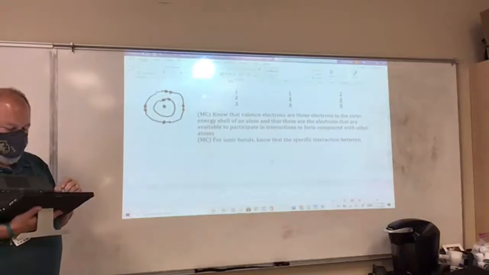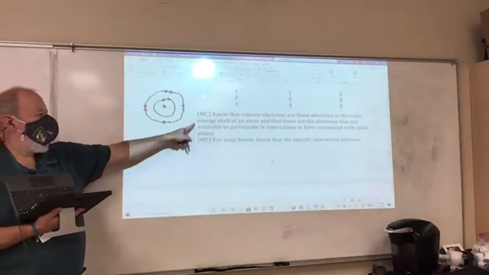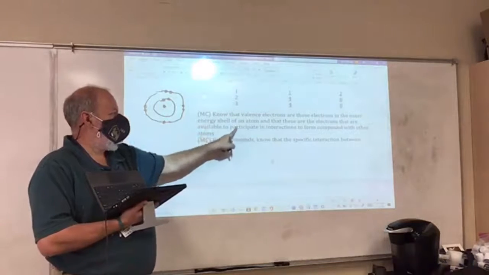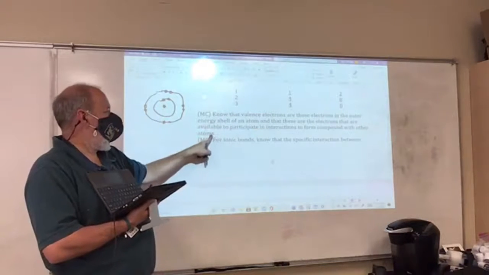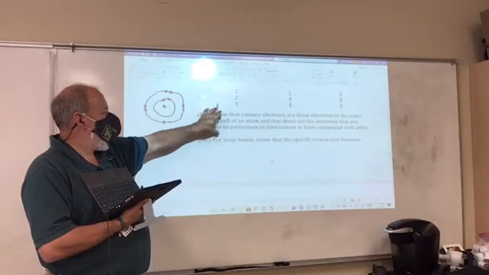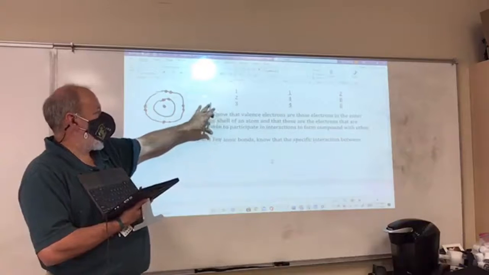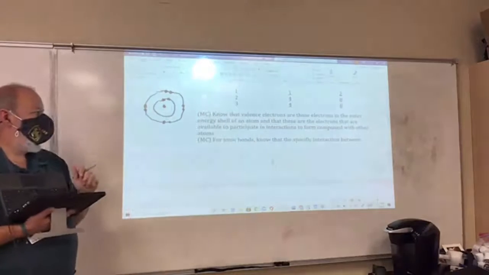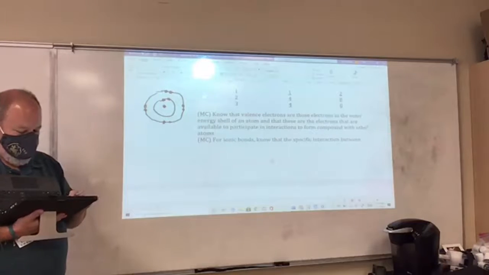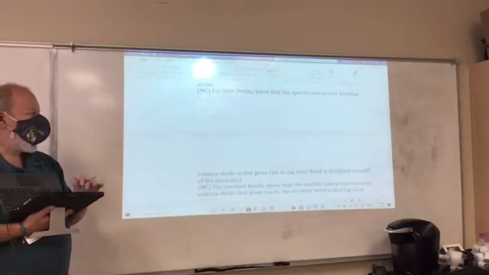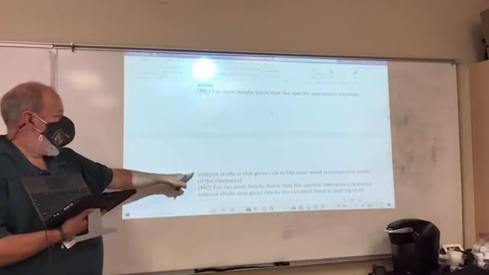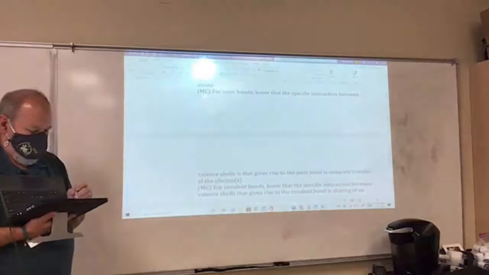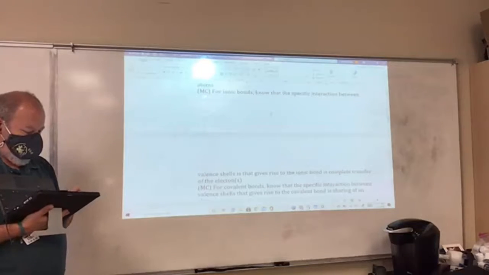Know that valence electrons are those electrons in the outer shell of an atom, and that these are the electrons that are available to participate in interactions to form compounds with other atoms. When I react with another element, it's my valence electrons that interact. For ionic bonds, know that the thing that happens is that we have a complete transfer of electrons.